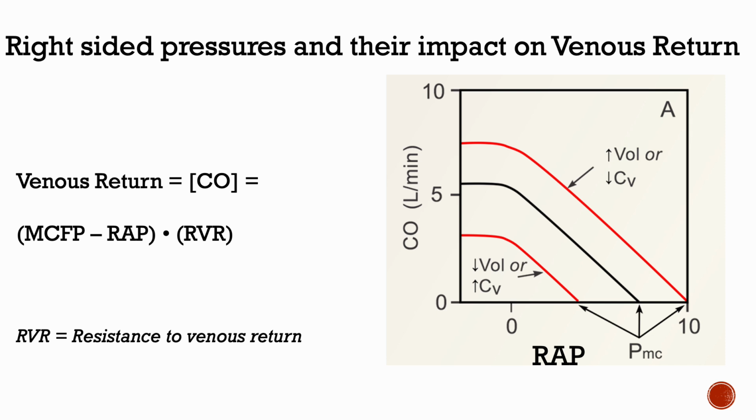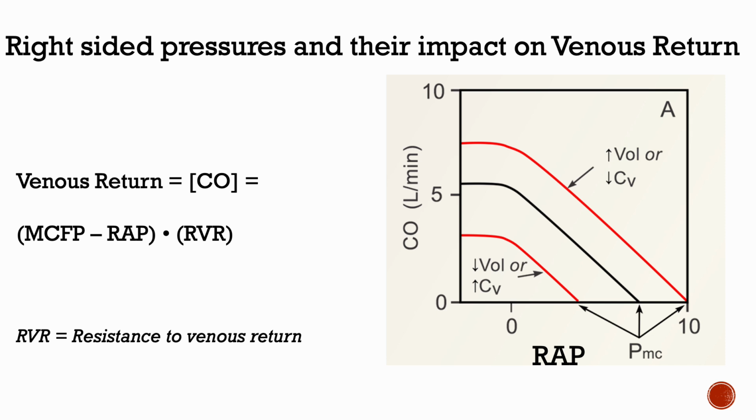where again, these are pressures, not volumes. This is the relationship between right atrial pressure and cardiac output. When the heart stops, you would measure different pressures in different situations, and this is called the mean circulatory filling pressure.